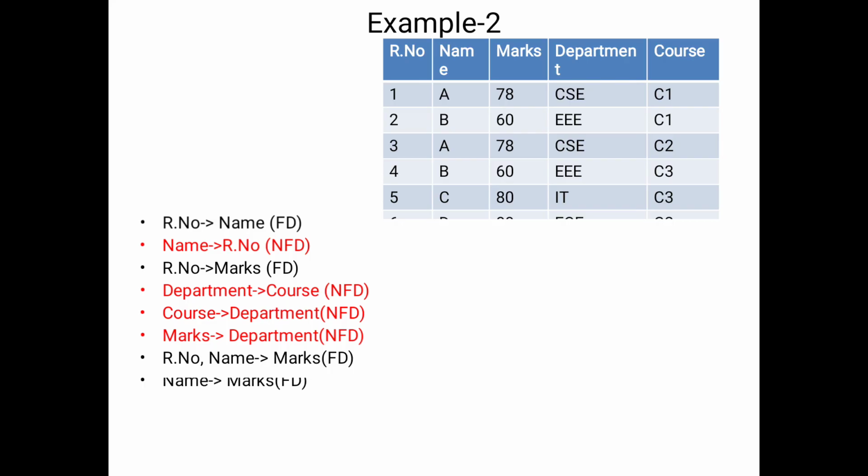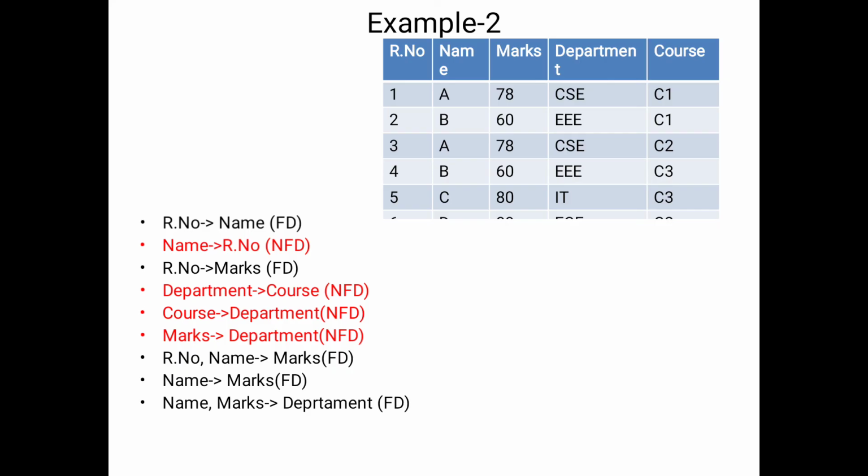Please identify the difference between functional dependency and non-functional dependency. Suppose the third one, roll number implies marks. What are the marks of roll number 3? 78. For roll number 1, 2, 3, 4, 5, definitely we can say the marks of a particular roll number.